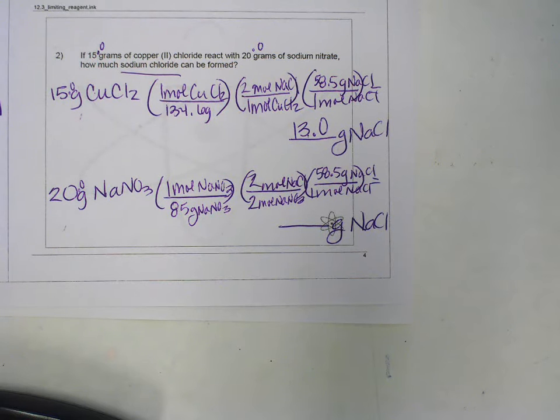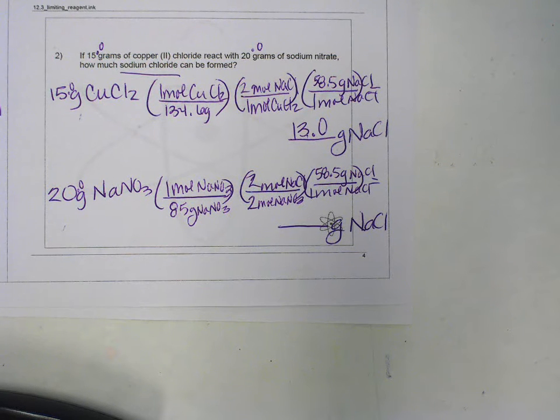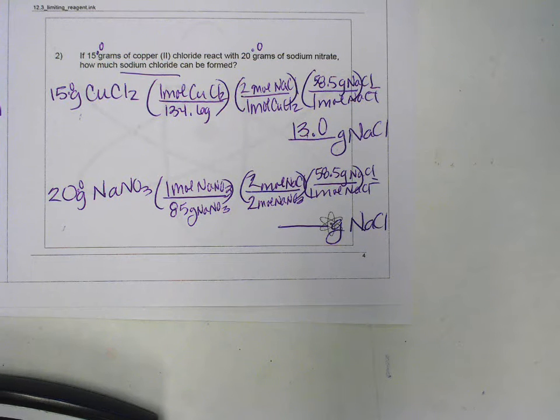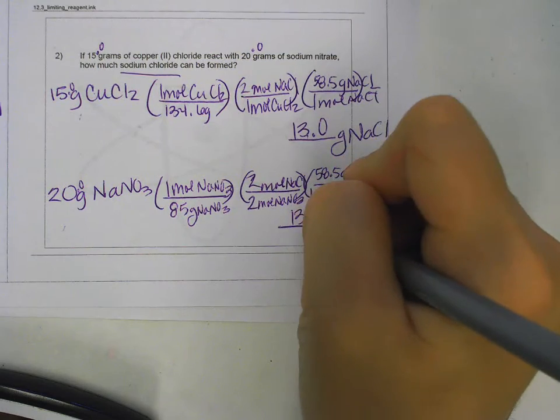So I'm just going to now take that and multiply it out again. 20 divided by 85 times 2 divided by 2 times 58.5. And I get 13.8 grams.